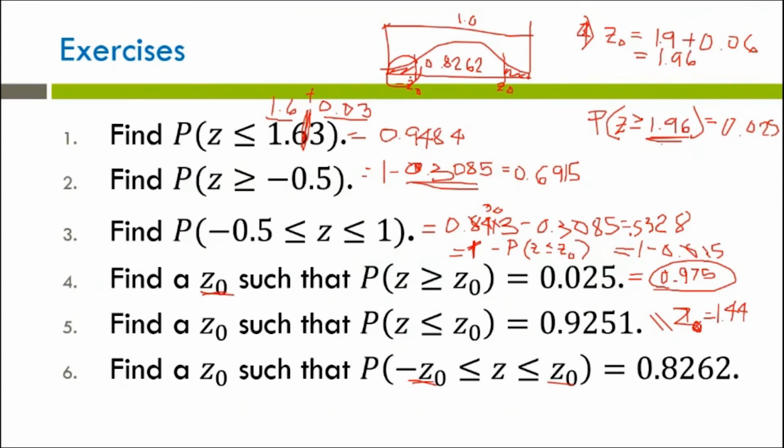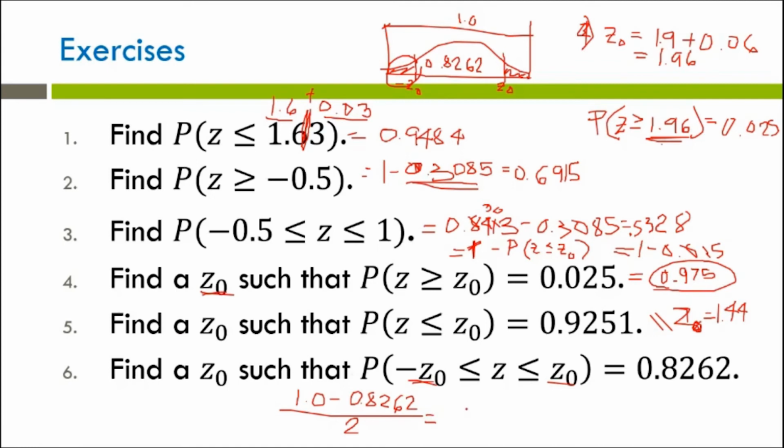in our z table. So let's solve first for the area. So that's 1.0 minus 0.8262, divided by 2. Now, since we have two sides of equal value, what will be the answer?